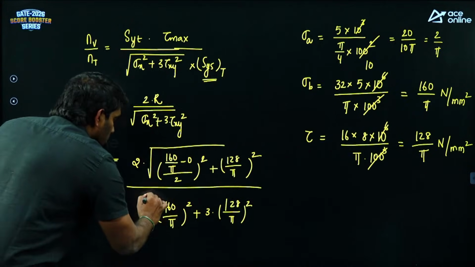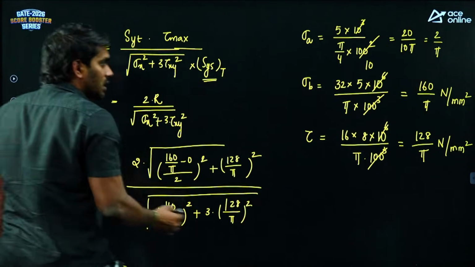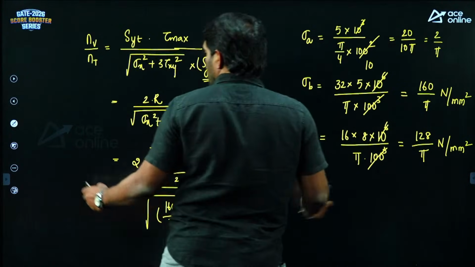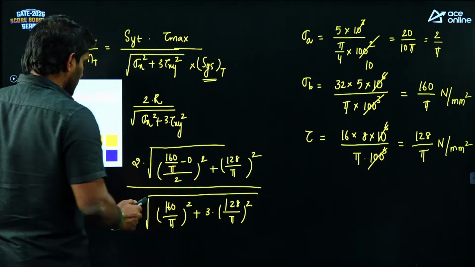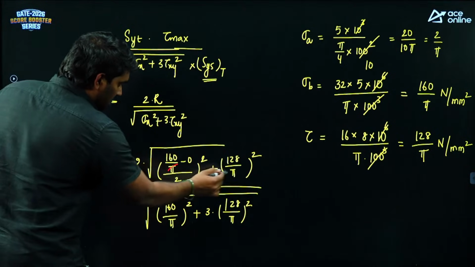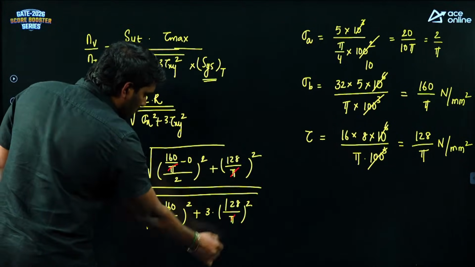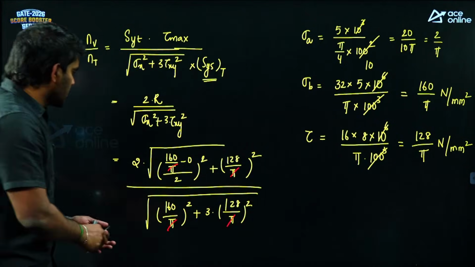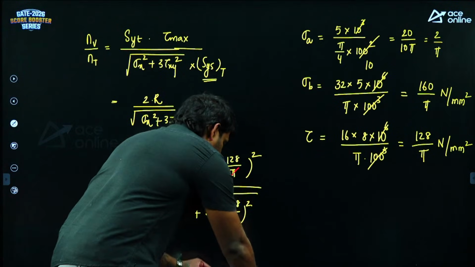This is in root. Now we can notice that there is pi in both numerator as well as denominator, so this pi can be cancelled out.